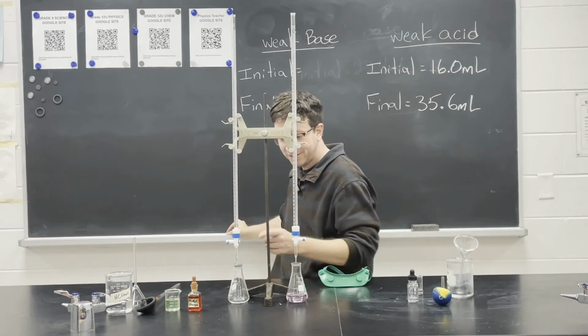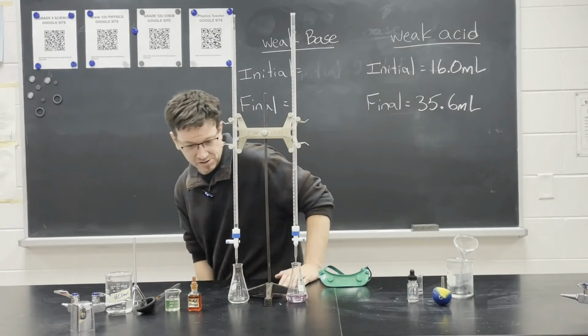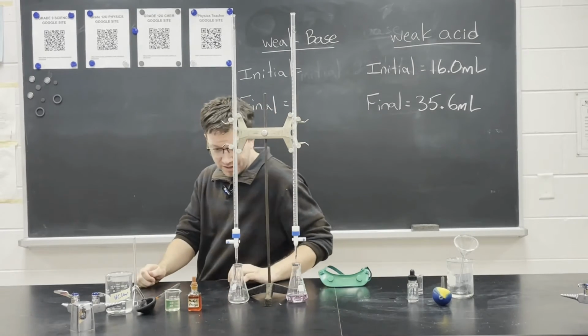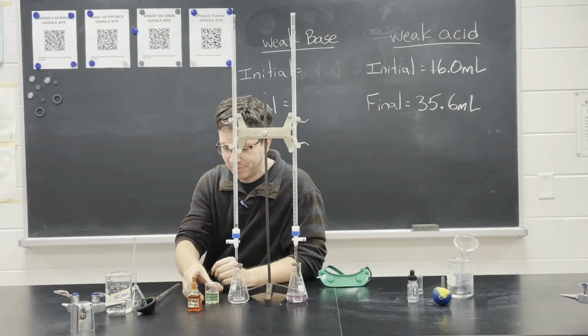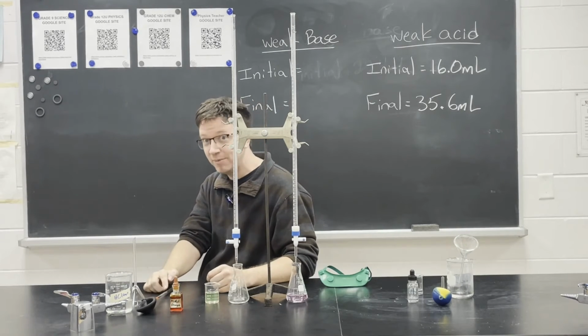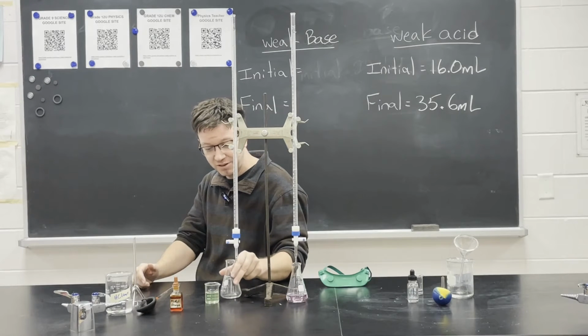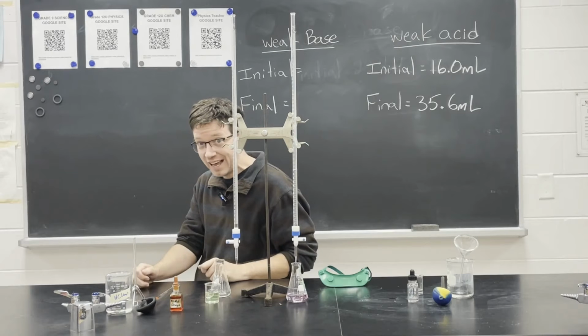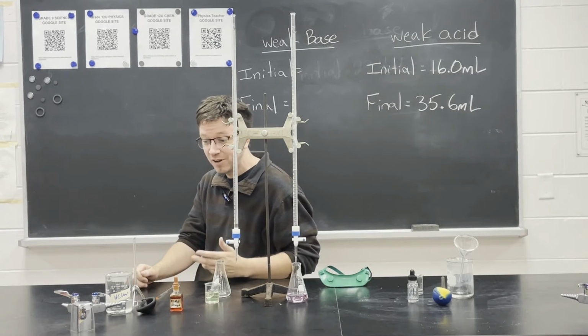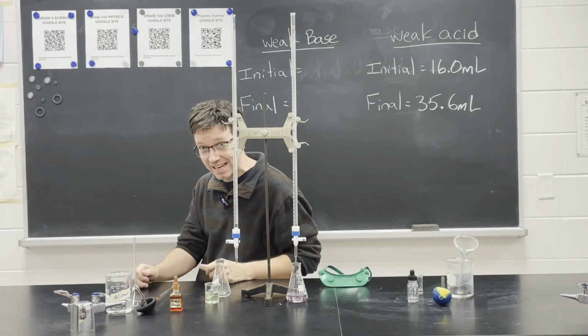Let's move on to our weak base. So same thing, here we have ammonia. That's going to be our weak base. And I'm going to put exactly 20 milliliters of ammonia into our flask. Our strong acid is going to be hydrochloric acid, and it is 0.5 moles per liter hydrochloric acid.